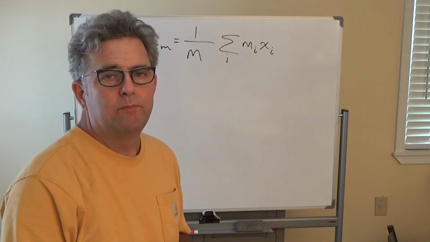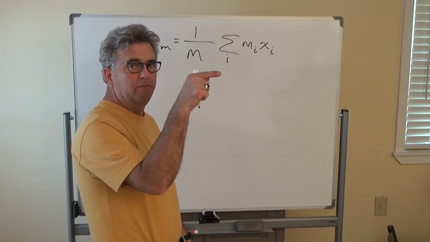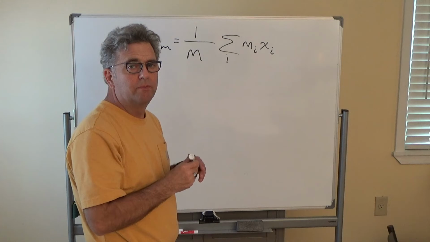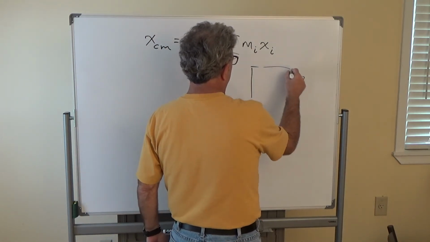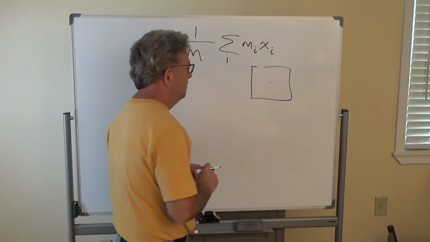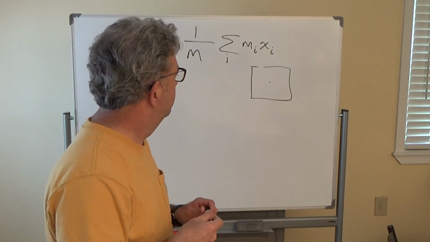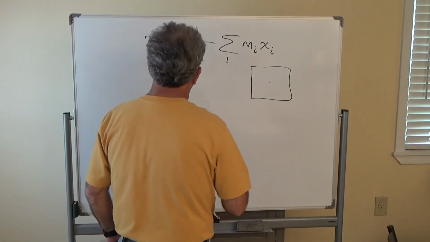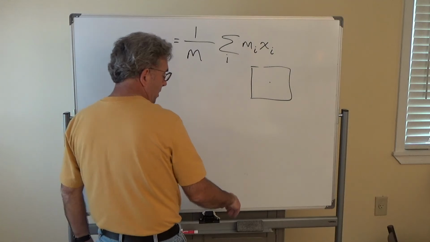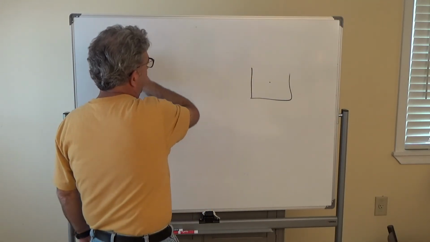Okay? And remember, these X coordinates are at the center of each little cell. If you have a square, that's the center. And you have to do the same thing in the Y direction, but I don't think you'll have any trouble with that.